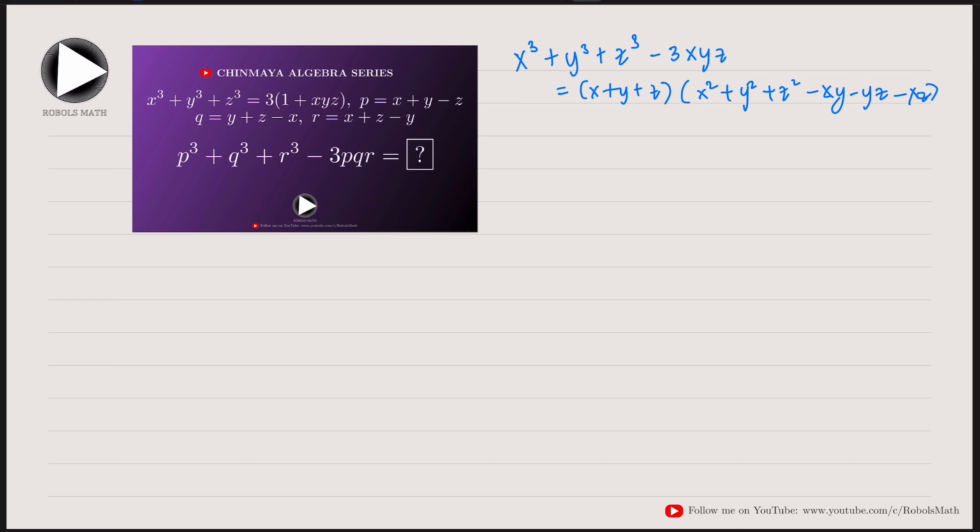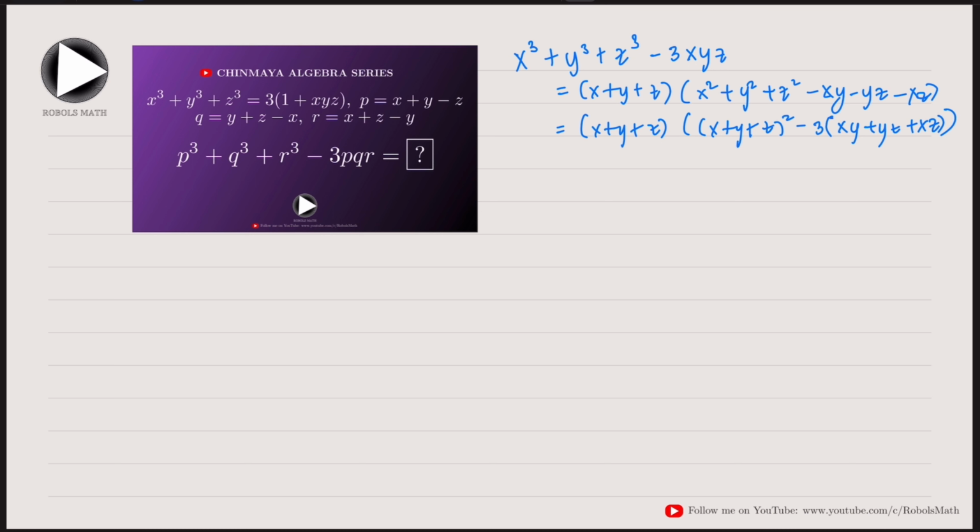But anyway, if we go back to this one, we can simplify this further by writing the sum of the squares as x plus y plus z quantity squared minus 2 times the sum of xy plus yz plus xz. Because we have another xy, yz, and xz here, actually this becomes 3.